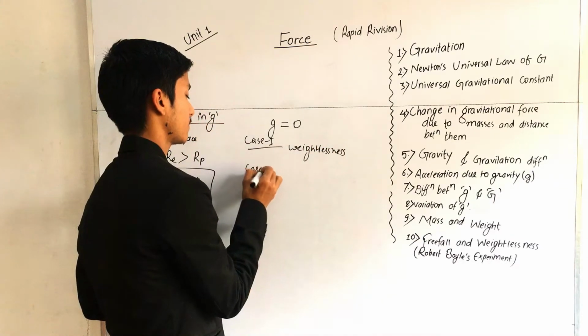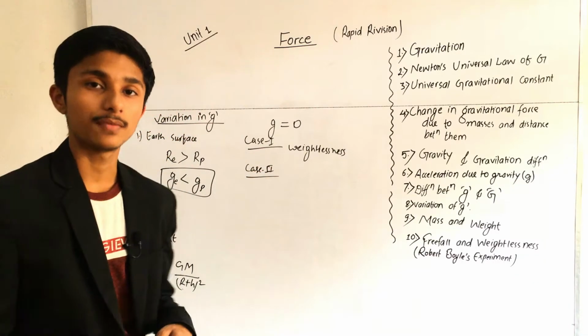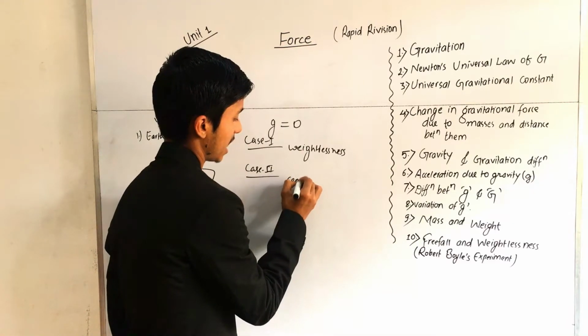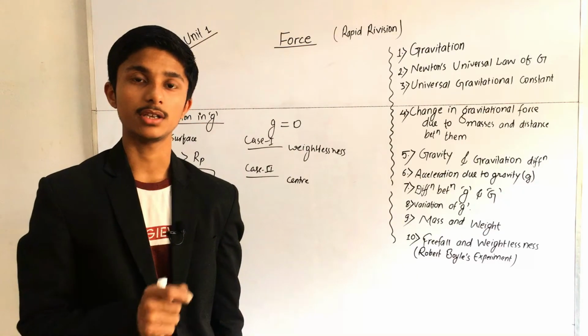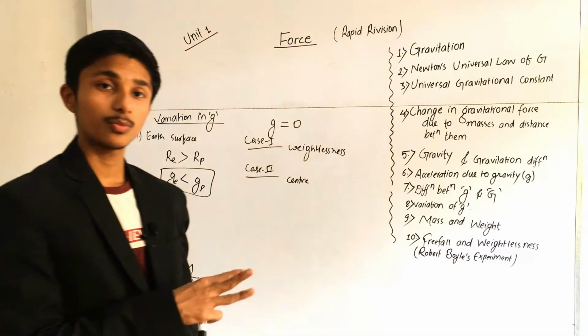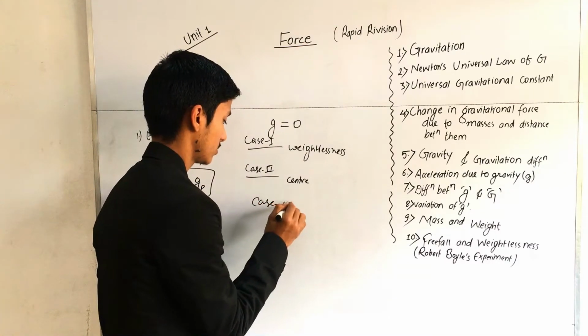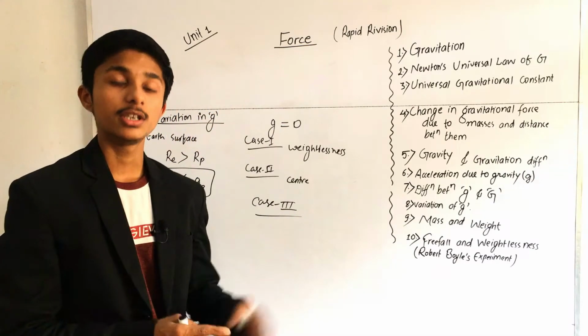Second case, at the center of the earth or center of a heavenly body. At the center, the value of acceleration due to gravity is 0. And the third case is the null point. It means somewhere in space.